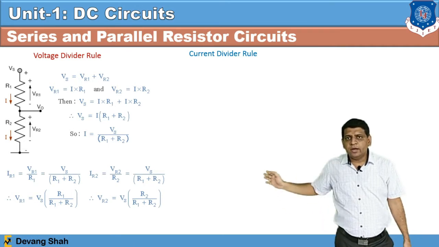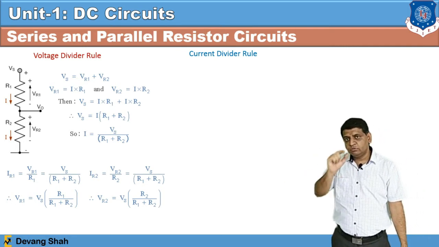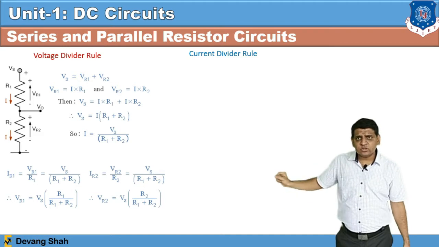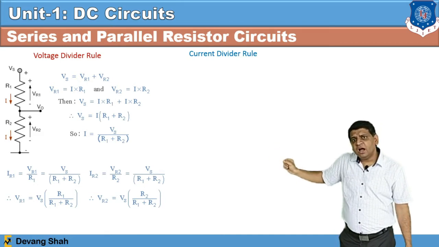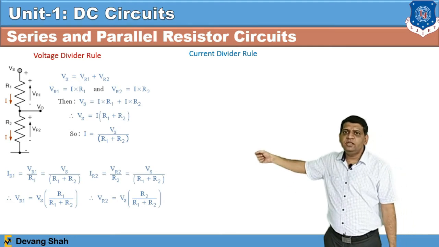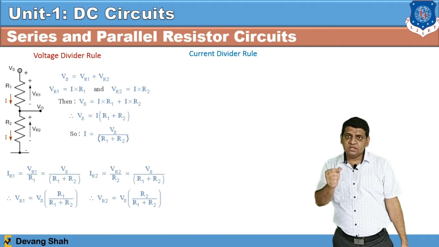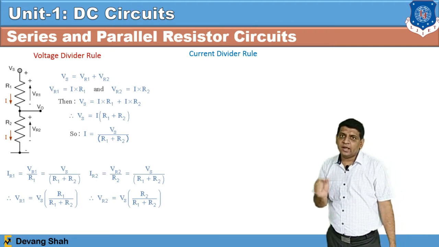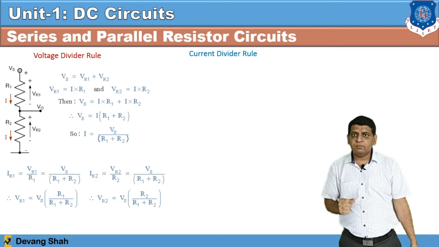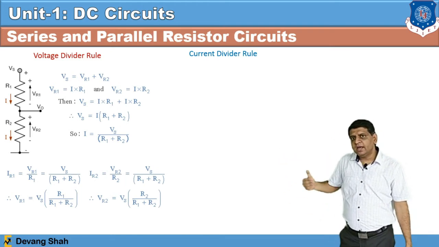Once you combine all these equations, the voltage drop across R1, VR1, by Ohm's law is nothing but I into R1. Since the value of current I is the same, I is equal to the total applied voltage V divided by the total resistance of these two series resistances, so V by R1 plus R2.